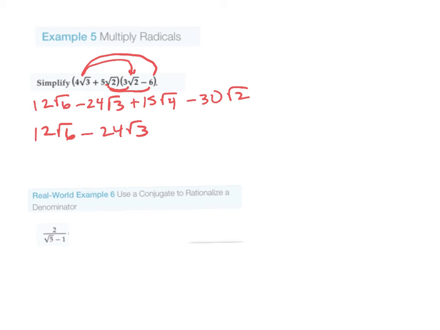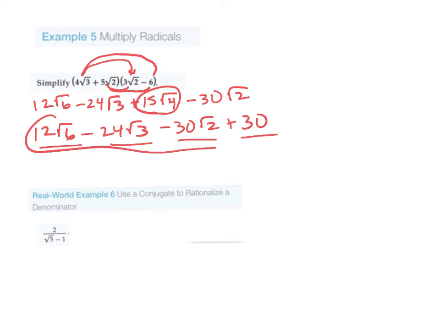And I'll put that at the end, but I'll have my minus 30 radical 2 plus 30. So really, you can't do anything but simplify this one part. Nothing can be added or subtracted together because none of them are alike terms. So this would be our answer after we multiply.